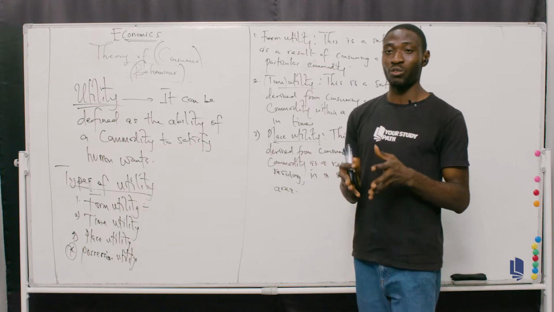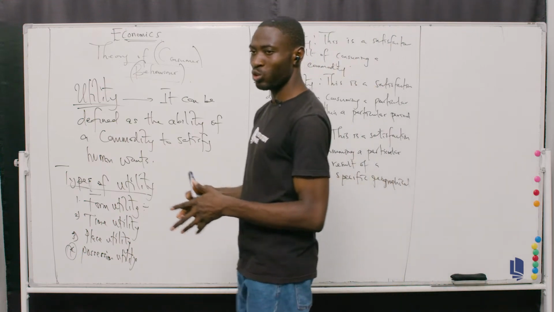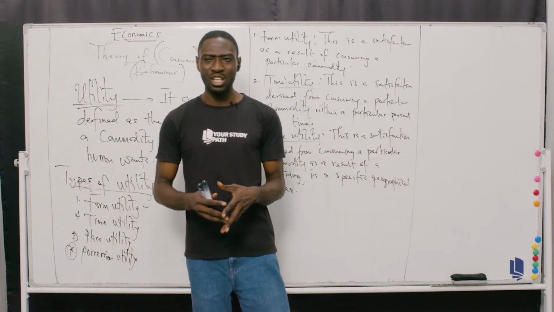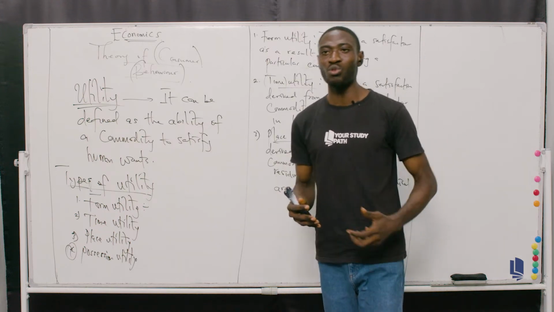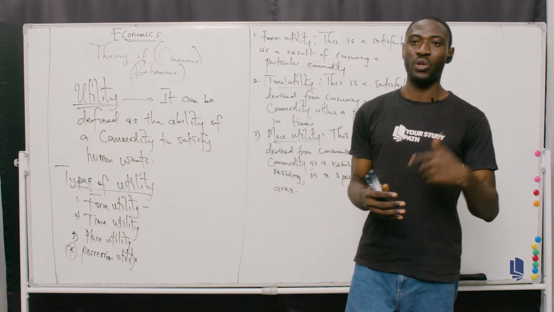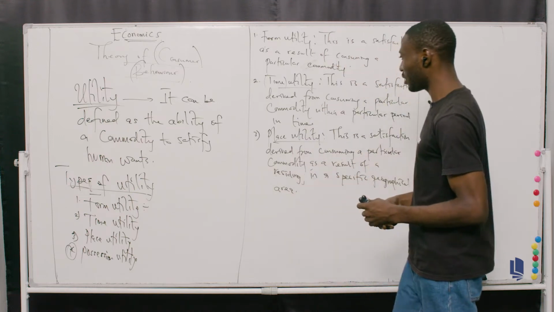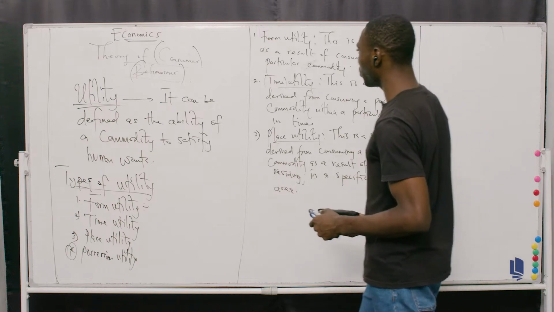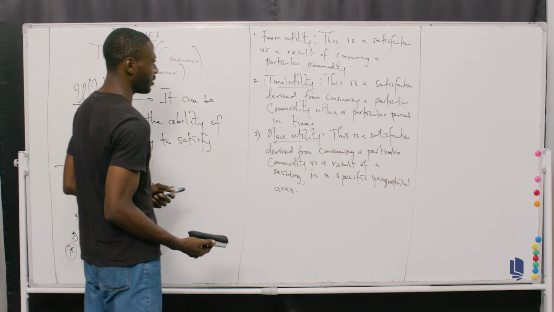Most of the time you want to do certain things, and if you're in the house, you cannot do those things except you move out of the house and go to where that thing is. Good. So that is place utility. There is some satisfaction you can derive in a particular place.